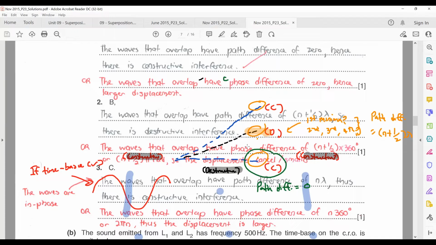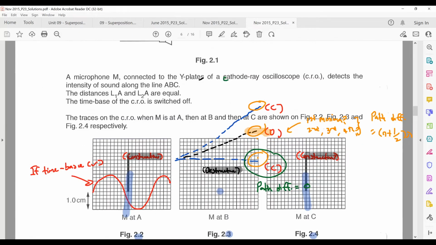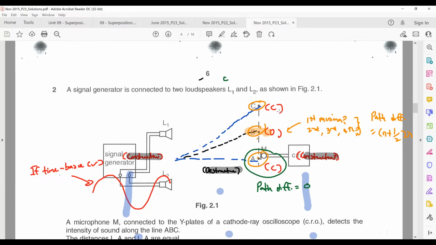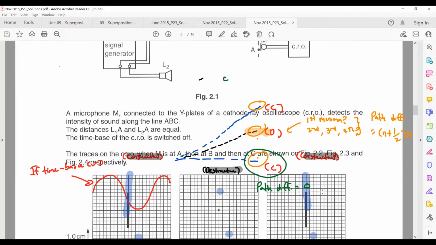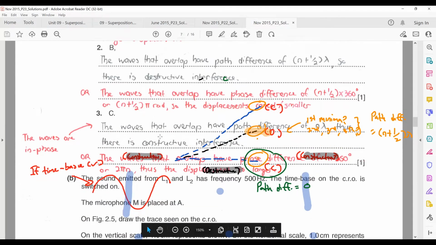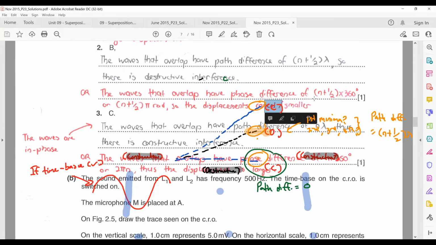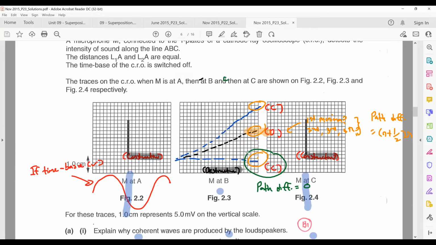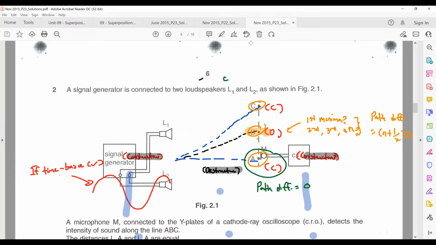So that one is for this. Then for point C, it's a bit similar again. I know that point C is going to be a point of constructive interference because I seem to have a very large amplitude here. So again, you do not know whether that region of constructive interference is going to be your first maxima or second or third or fourth.